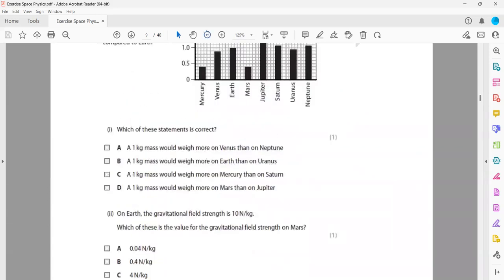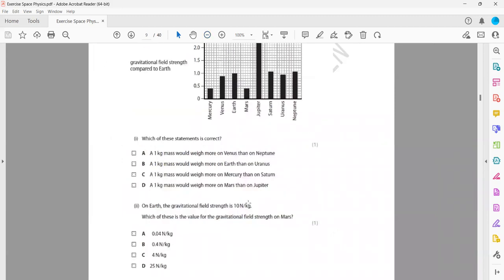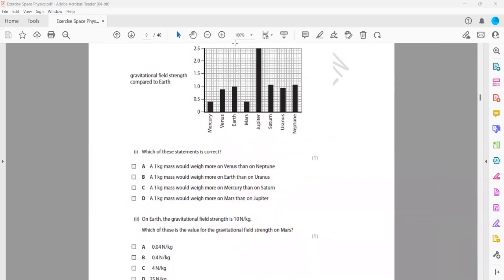Is it clear, this one? Or should I repeat? Yes, sir, clear. Because this bar chart is not giving the value, it's giving a ratio between the gravitational field strengths. So the ratio of the gravity on Earth compared to that on Mars is 0.4.